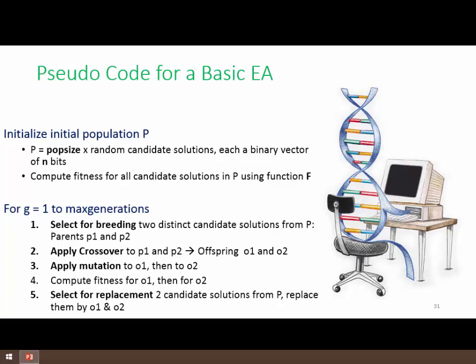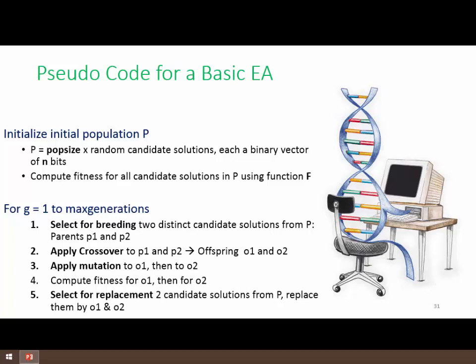And then compute fitness for O1 and O2 once you're done with the crossover and the mutation. And then select for replacement. Find a slot in the current population and override the current individual there with your new offspring O1. And then do the same for O2. So we re-inject O1 and O2 in the population, okay?